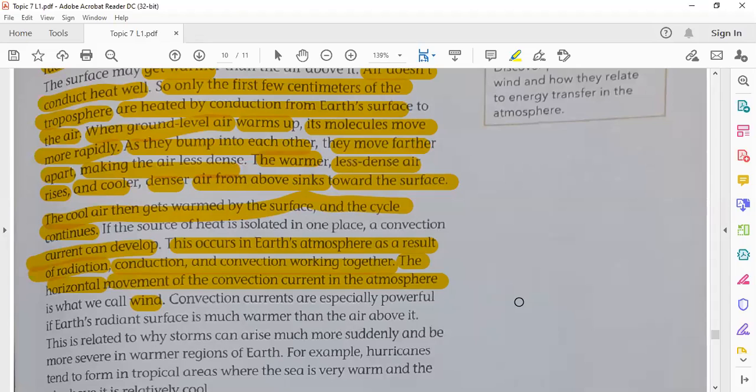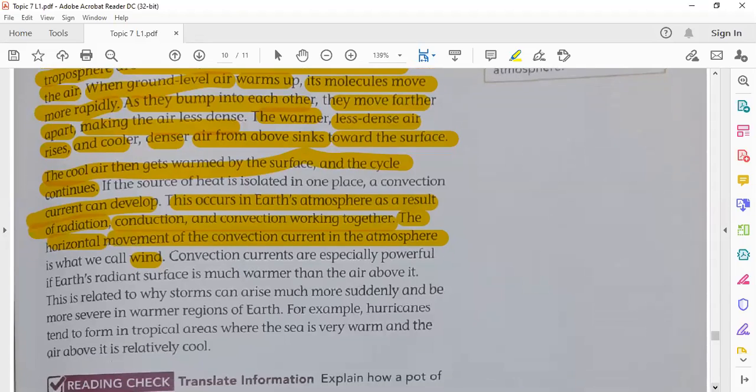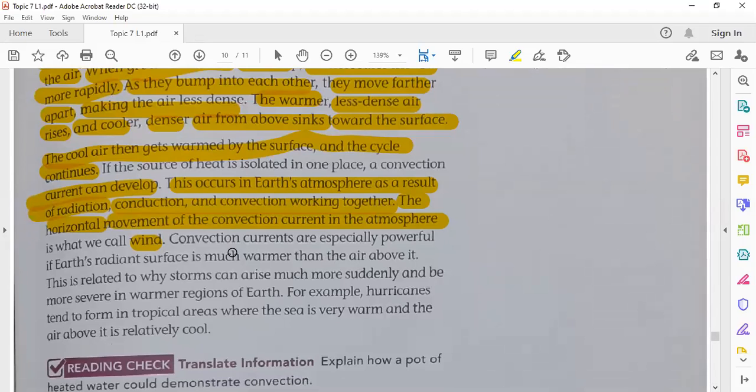Convection currents are especially powerful if Earth's radiant surface is much warmer than the air above it. This information is related to why storms can arise much more suddenly and be more severe in warmer regions of Earth.